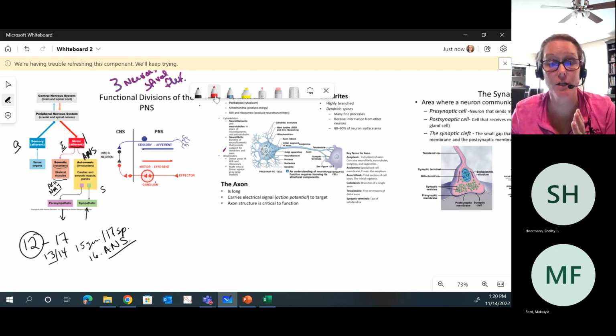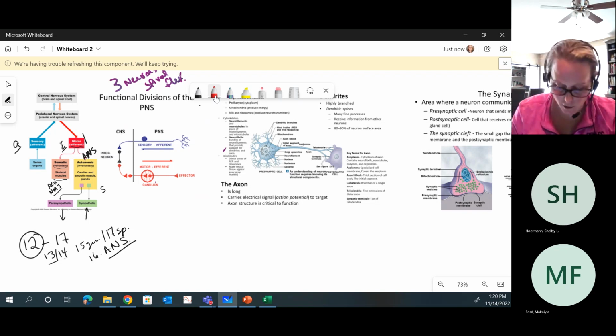All right. And the effector, if it's going to skeletal muscle, is going to be one neuron. And we'll learn that in the autonomics, there's usually two neurons. One is called the preganglionic, and the other is called the postganglionic. Okay.